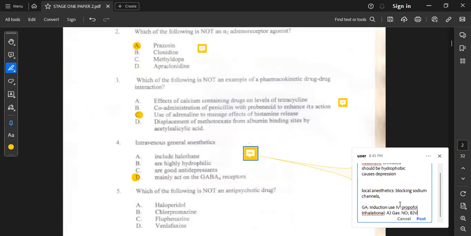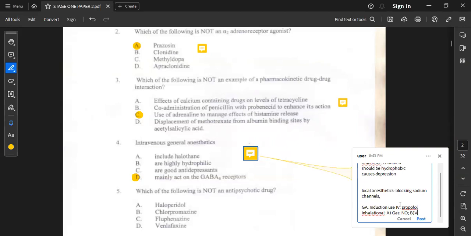It's usually preferred in major surgeries, while local is preferred in minor surgeries. And the mechanism for local anesthetics is just blocking the nerve conduction by decreasing the sodium. Yeah, you mentioned that.